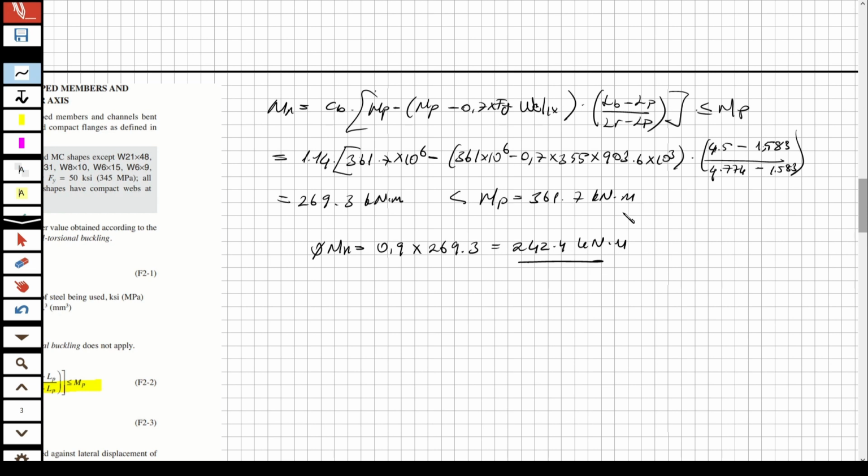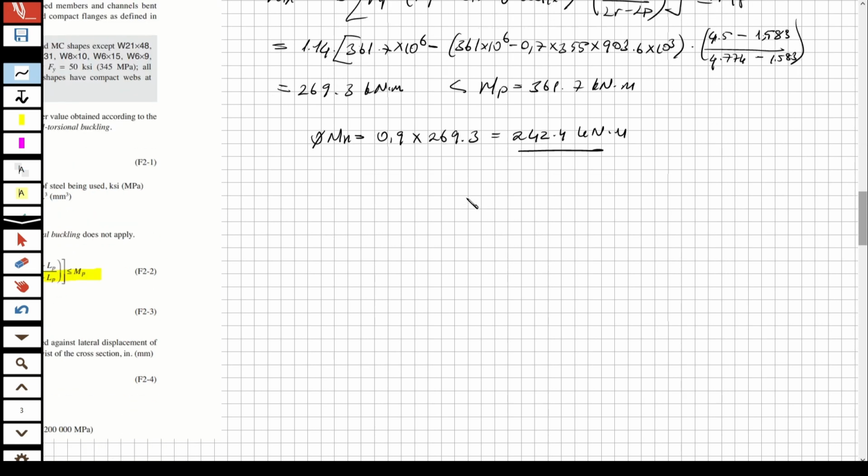So now let's do it for the weak axis, and it's going to be a short one. We are going to calculate the yielding behavior.